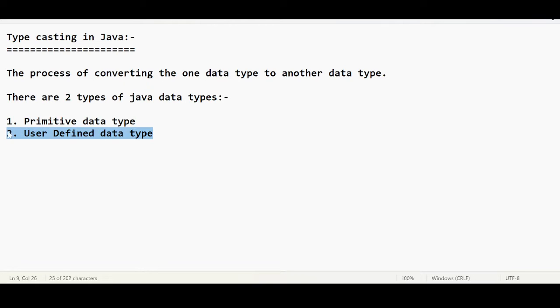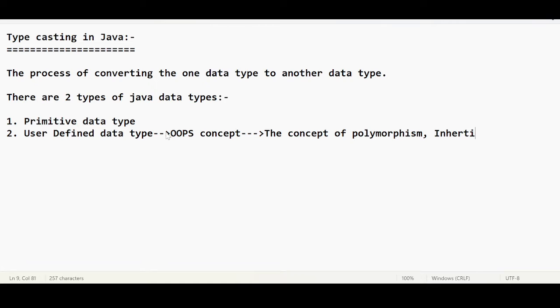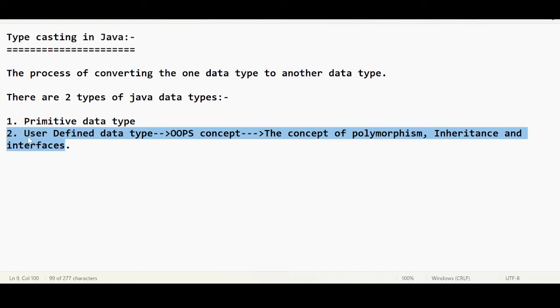Right? To understand the user-defined data type, we need to understand the OOPS concepts, and also the concept of polymorphism, a concept in Java OOPS, and we have a concept called inheritance and interfaces. Right? So I am going to postpone type 2 to future classes.